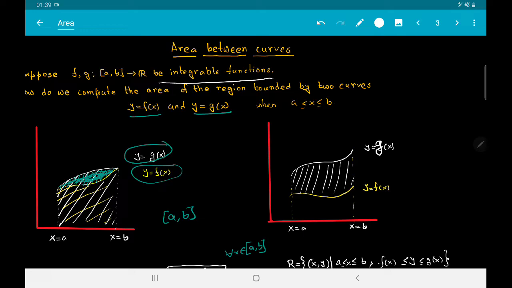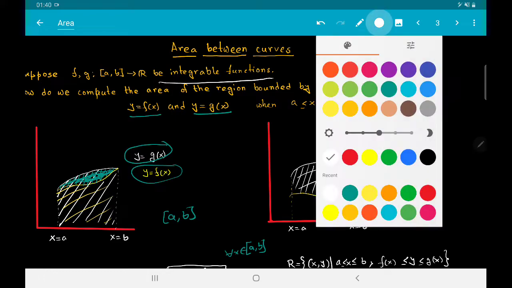Similarly here, if we want to compute this area, it should be the difference of the area under the white graph and the area of the region which lies under the yellow curve.